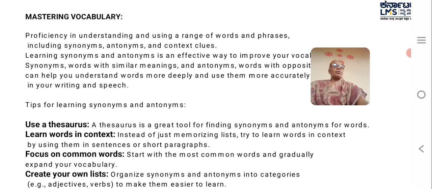It is an effective way to improve your vocabulary. Synonyms are words with similar meanings, and antonyms are words with opposite meanings. They can help you understand the word more deeply and use them more accurately and often in your writing and speech.